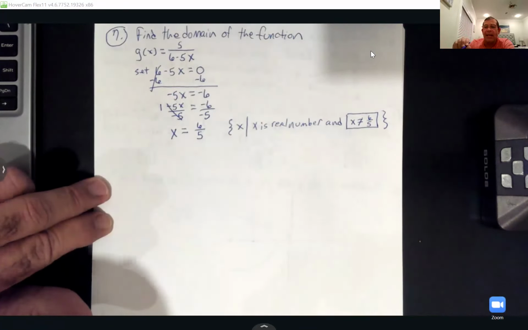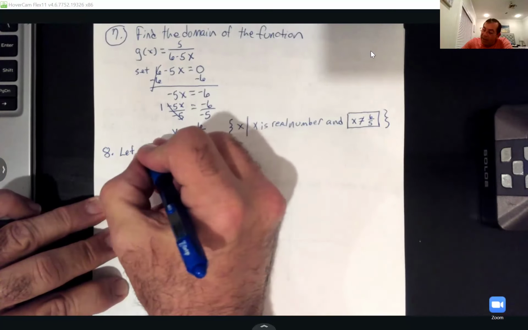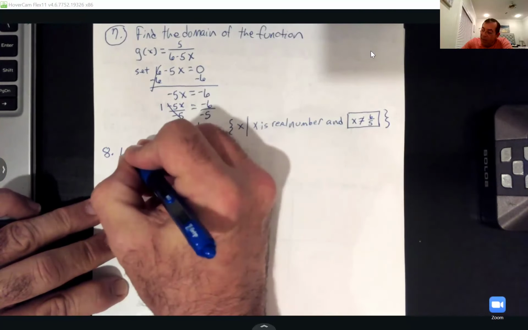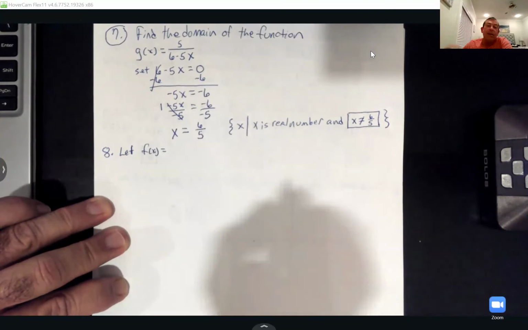All right, y'all, then we started getting into what we call the algebra of functions. So for number 8, they want me to let f of x equal negative 10x plus 11.